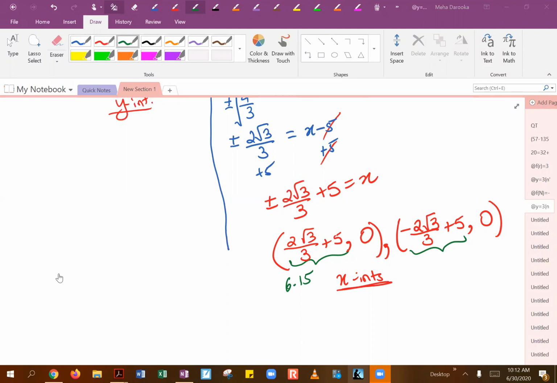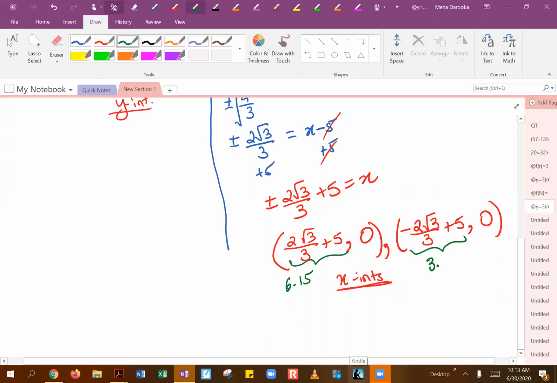Okay, so if we did negative 2 square root of 3, yeah, I'm not getting negative 6.15. Meredith, you gave me 3.85, and that's what I'm coming up with. Yeah. So for the negative x-intercept, it's going to be approximately, and again, just rounding it to 2 decimal places, 3.845.